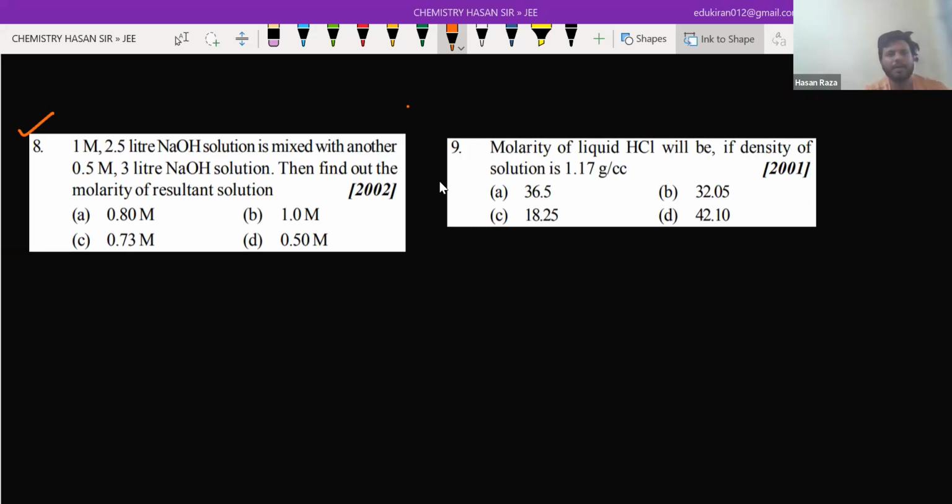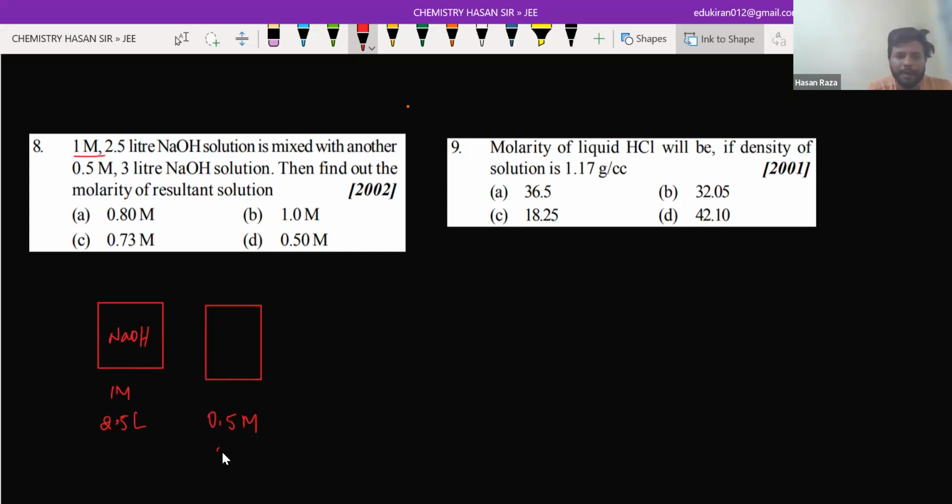Yes. So you have to understand what this question says, or which type of question this is. You can see you have two containers. The first container has 1 molarity and volume 2.5 liter of NaOH. Now this solution is mixed with another 0.5 m, 3 liter NaOH solution.